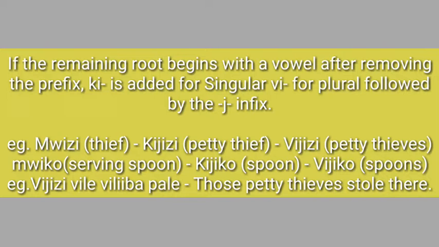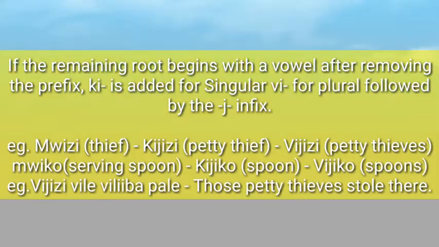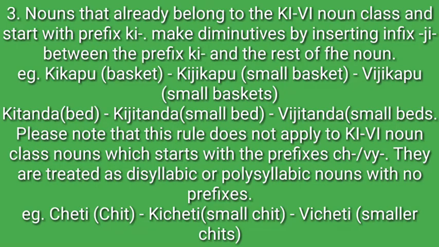But if it is not a vowel, if it is a consonant, you add g. If it is a vowel, you add j. Example, mwizi. When you remove the m, it becomes wizi. So you add ki and j. Kijizi, a petty thief.